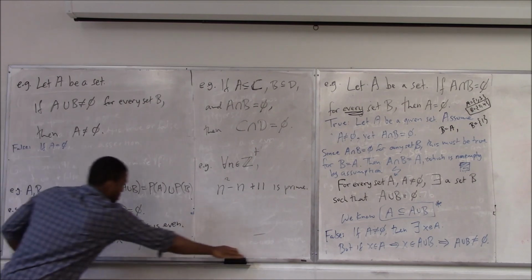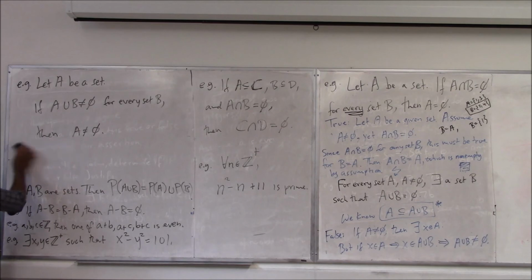Yeah. But you picked a particular set. So how would you prove it? You're claiming it's true. It's an implication. How are you going to prove it? You want to do it directly?